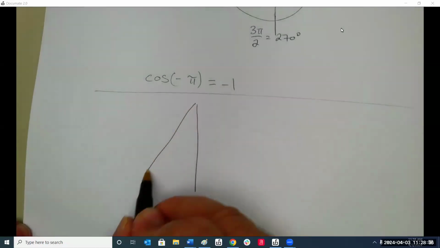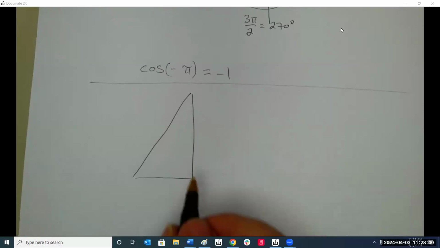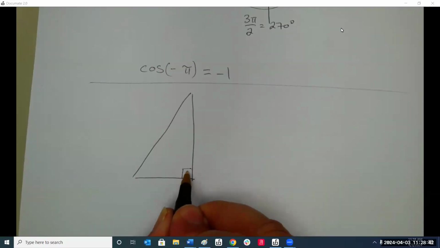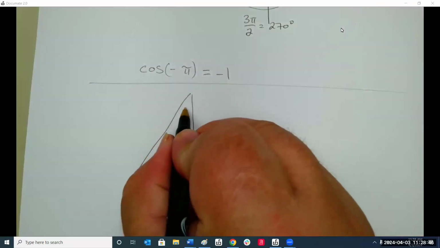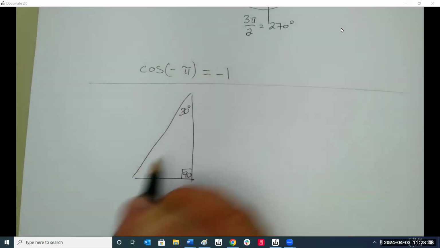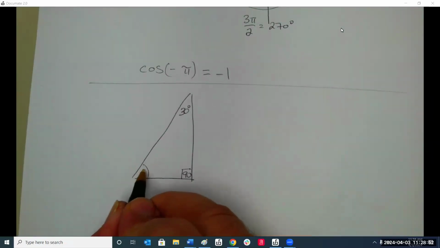again, we start with the right triangle. This is 90 degrees. Let's say up here was 30 degrees. What's this one going to be? 60.